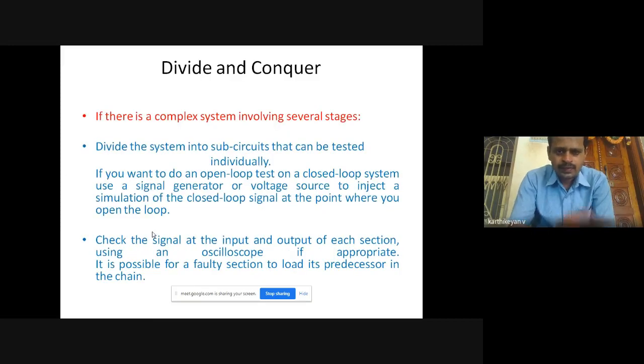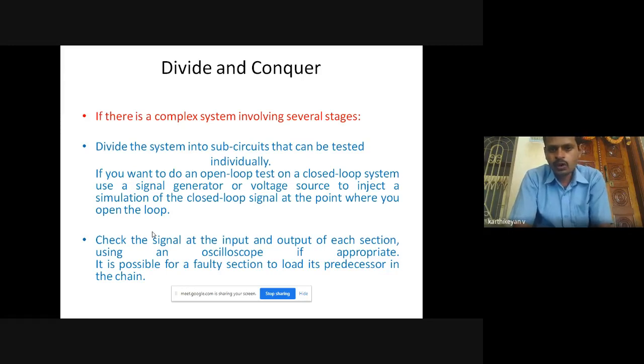And this is the last one, fault finding by the divide and conquer method, a troubleshooting method which is applicable for an op-amp that is involved in a complex circuit that has several stages. In that case, you have to divide the entire circuit into sub-circuits and then test the sub-circuits individually.